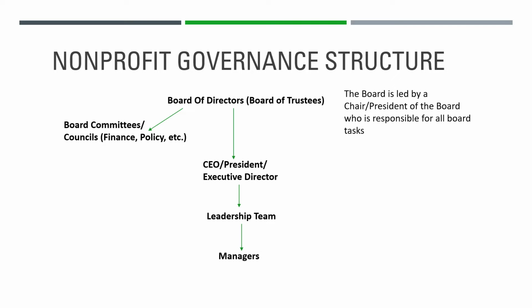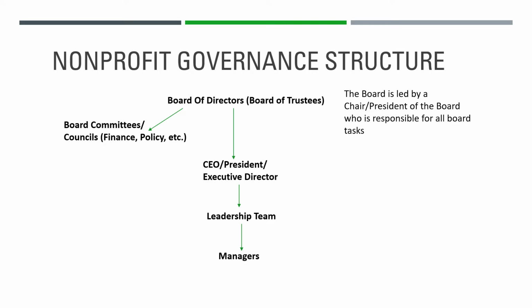That can be any range of your leadership structure. They could be VPs, the VP of operations, VP of finance, VP of administration. It depends on how you want to structure that leadership team.